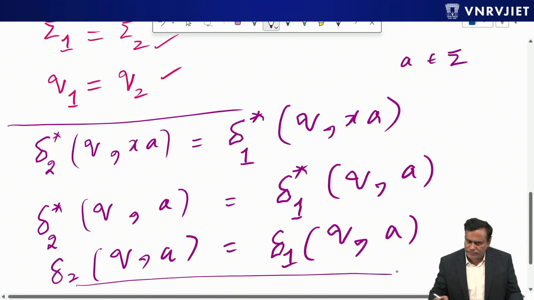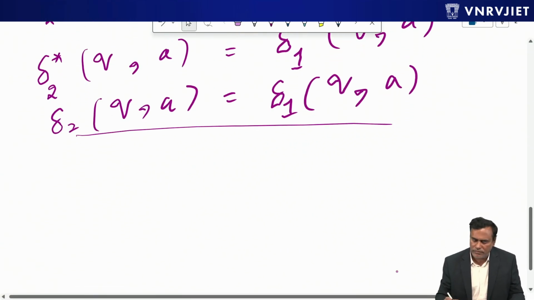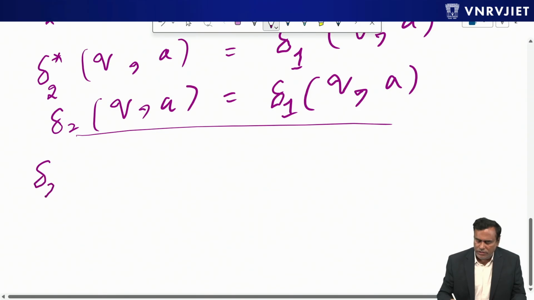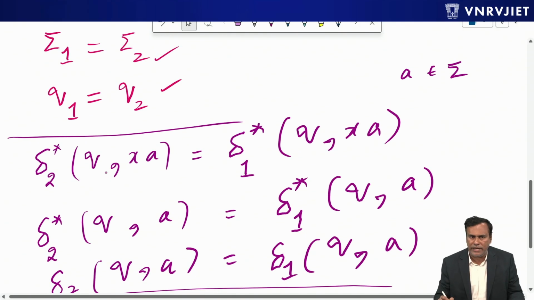Moving on. With this assumption now, delta 2 is the DFA.